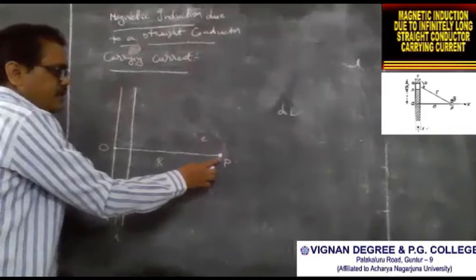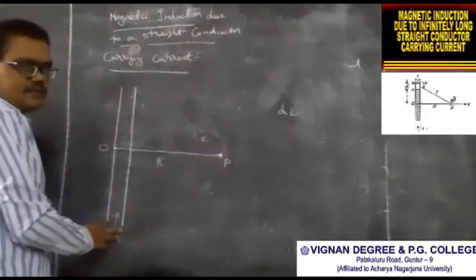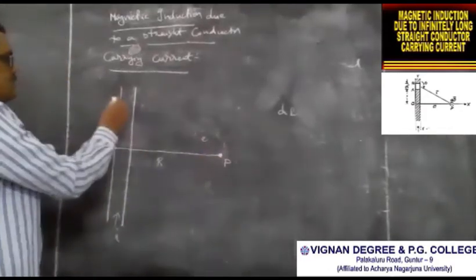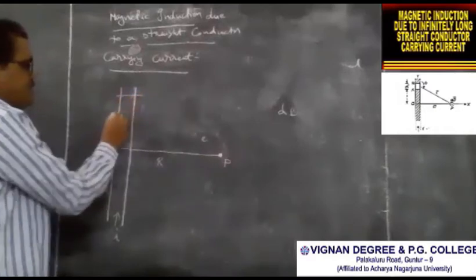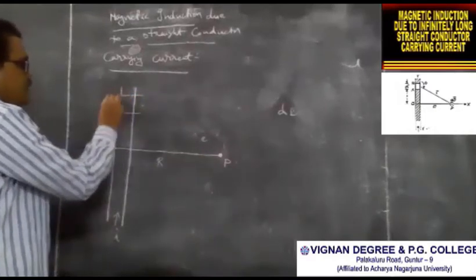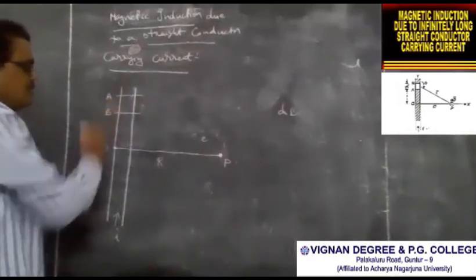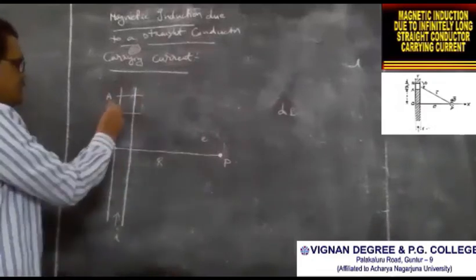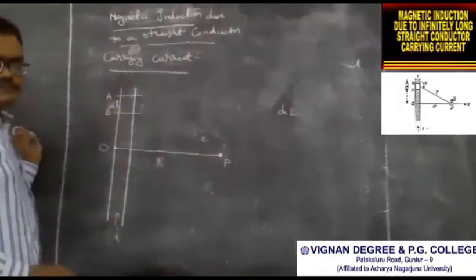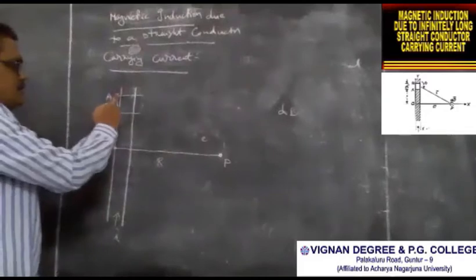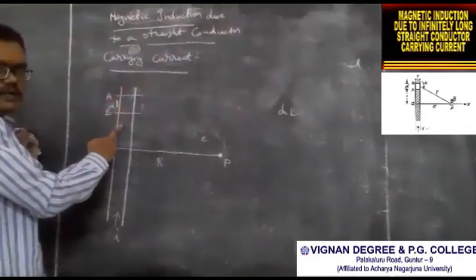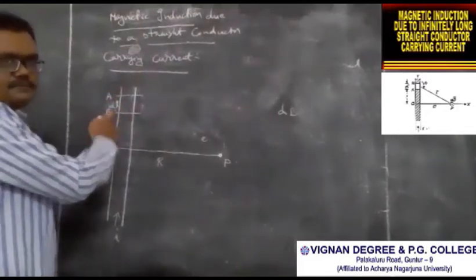To find magnetic induction at point P, we consider a small element AB of the conductor of length dl.